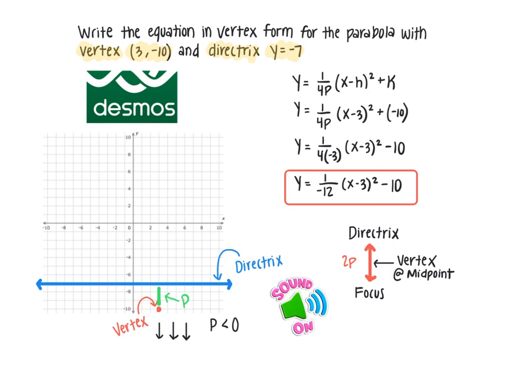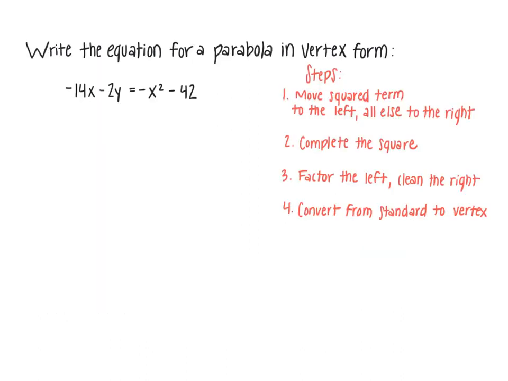And then you would also want to find the vertex, so you would be looking for the midpoint between those two values. So again, whenever you're solving these types of problems, use Desmos, think about what they gave you, think about what information you need, and then go from there.